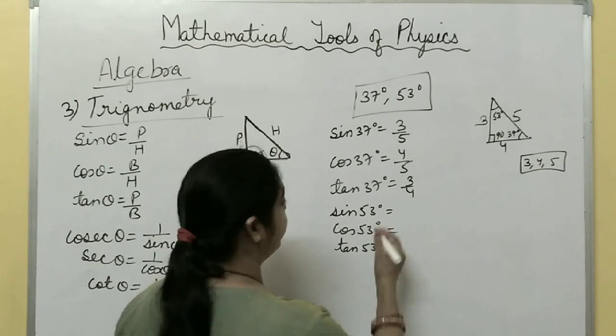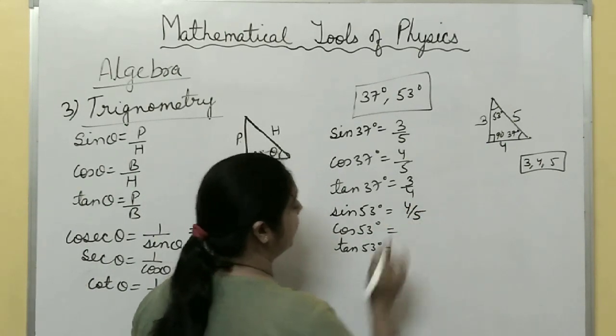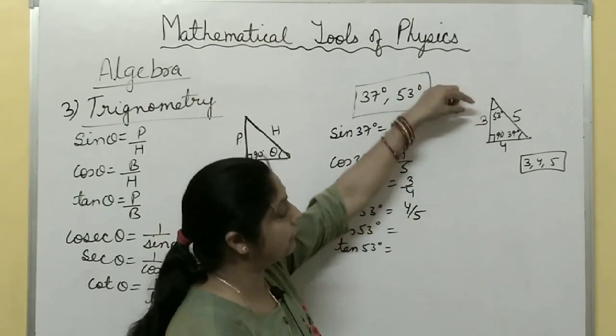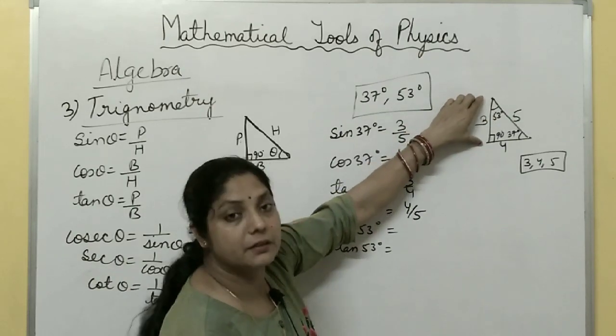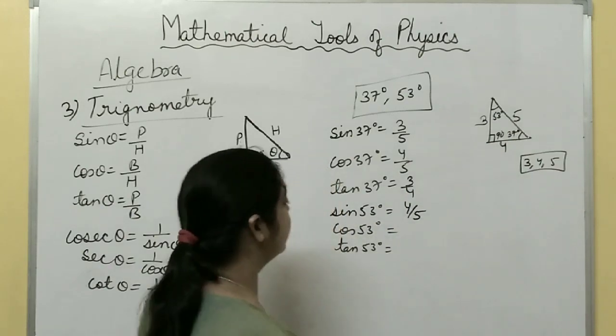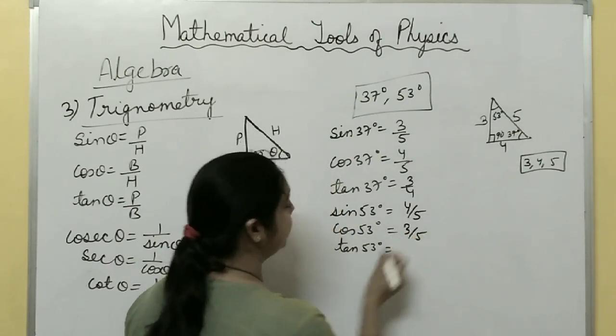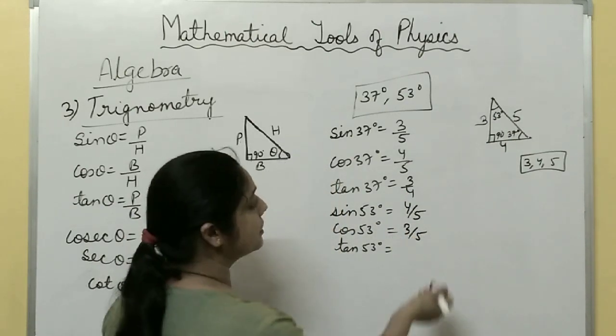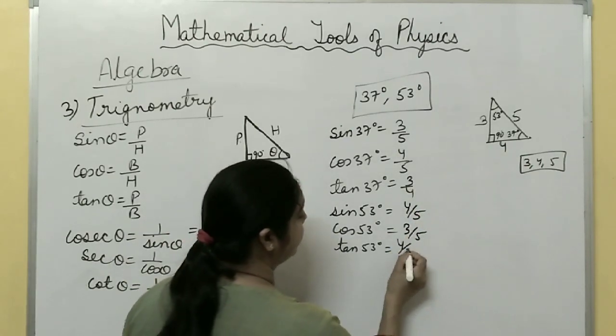So sine 53 becomes 4 by 5. Cos 53, for 53 degree angle, this becomes base, and cos theta is base by hypotenuse. So this is 3 by 5, and tan is sine by cos, or 4 by 3. You can write perpendicular by base.